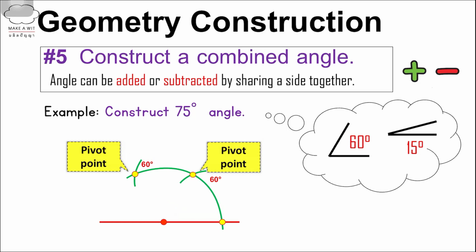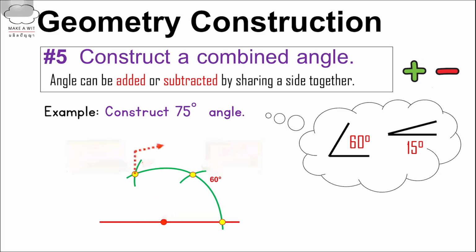But to use this as the pivot point, we will need to find the bisector of the 60 degrees. So basically you will find 30 degrees first, and then cut again. Find the bisector of 30 degrees until you get 15. Okay, so one more time. This one, the goal is to find 60 degrees.